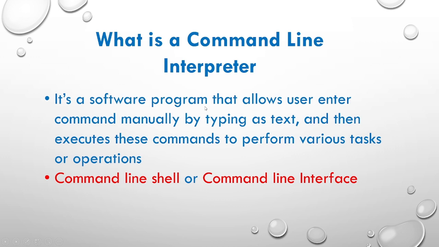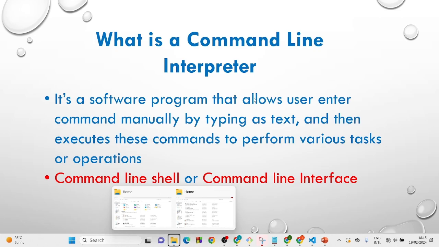In summary, it's a program that takes in commands. It takes in an input, a prompt from the user, and then goes ahead to execute it, and that's basically what a command line interpreter is, or what it does.